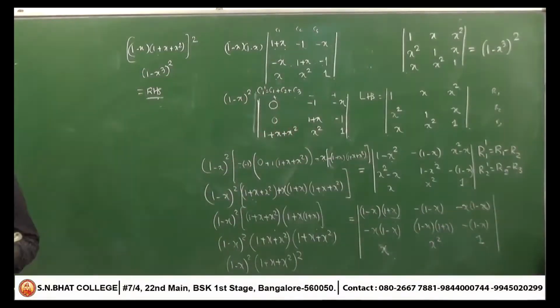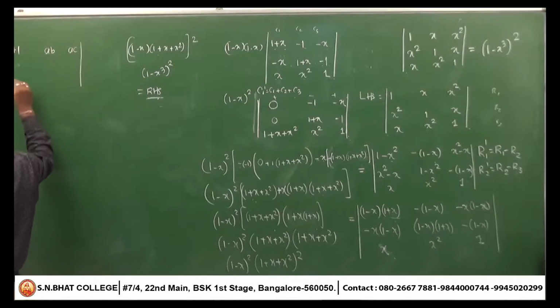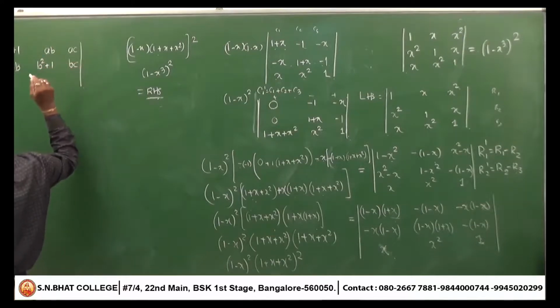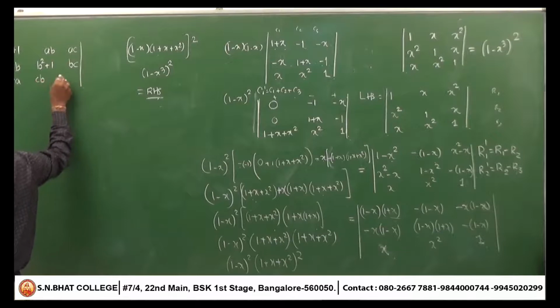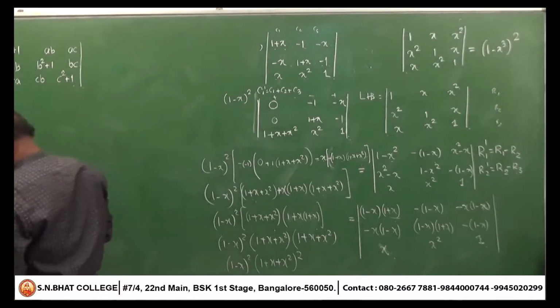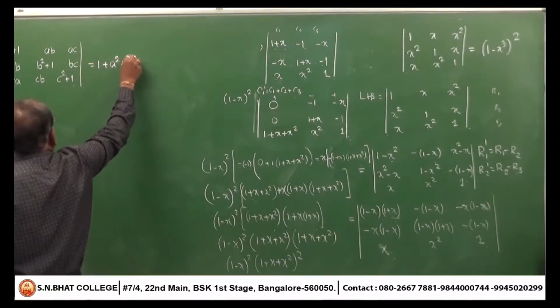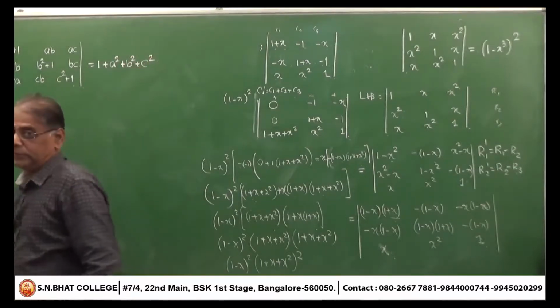Four more questions. Next problem, prove that the determinant of a square plus 1, AB, AC; AB, B square plus 1, BC; CA, CB, C square plus 1 is equal to 1 plus A square plus B square plus C square.